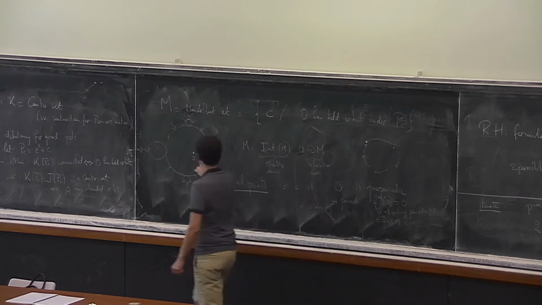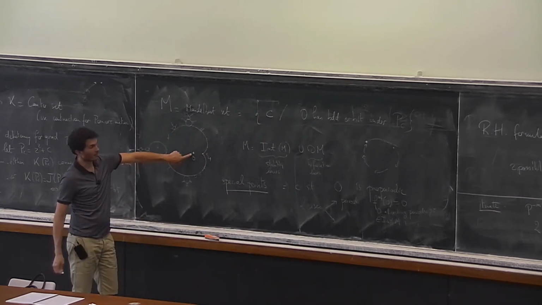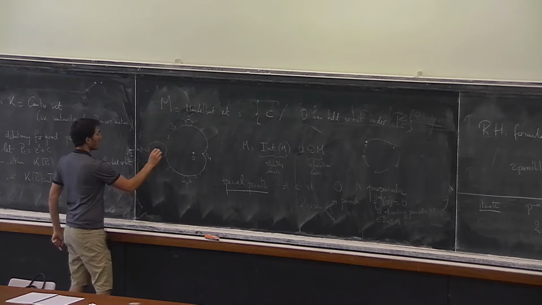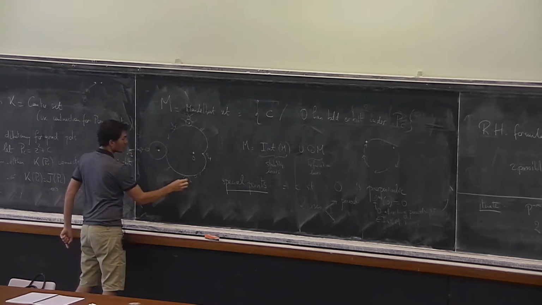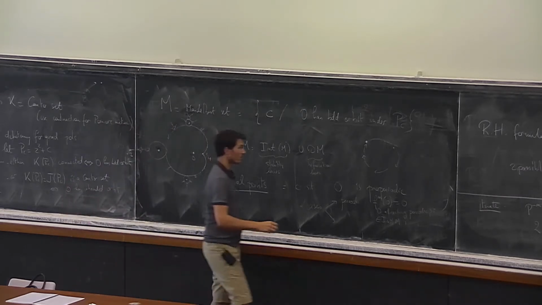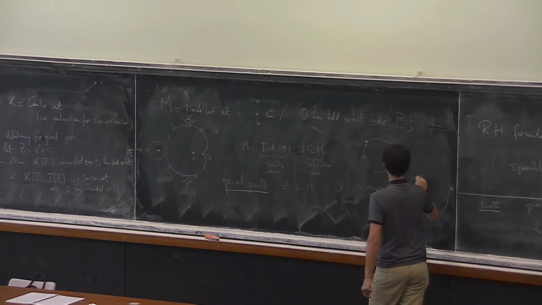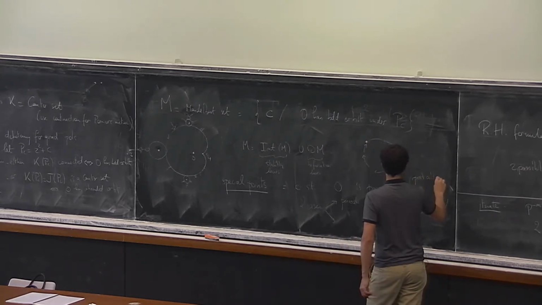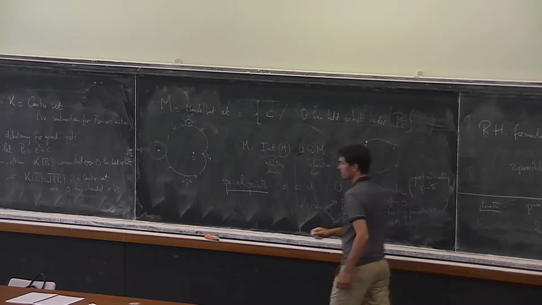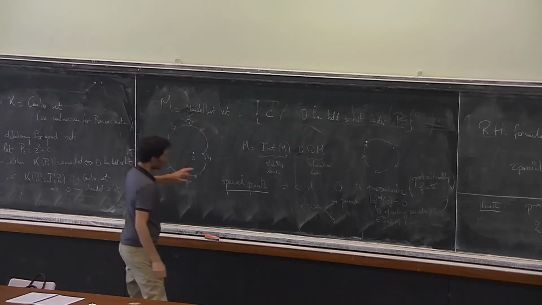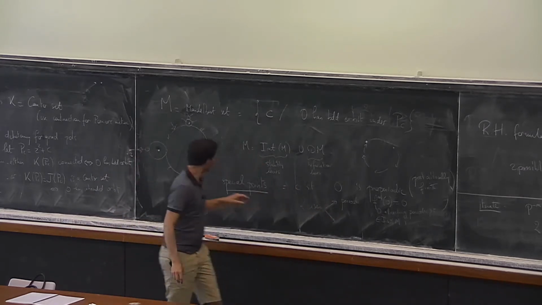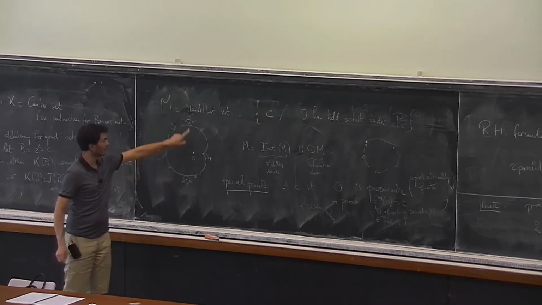And actually in every component you have such a parameter, a so-called post-critically finite parameter, so the critical point has finite orbit. So the case where the orbit is periodic, these are points inside of these components.